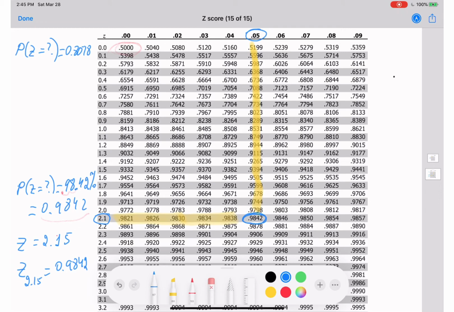So, if we look, where is it? 0.8078. It's right here.